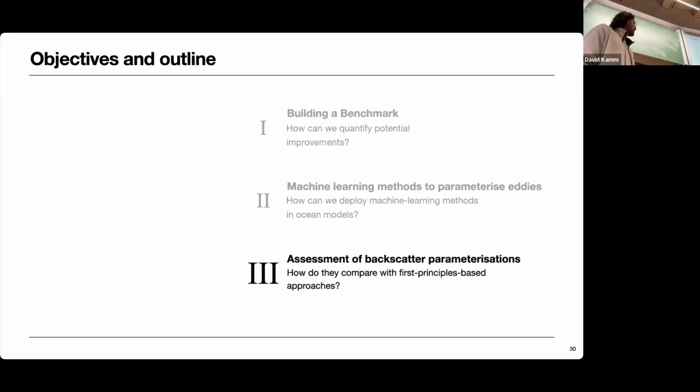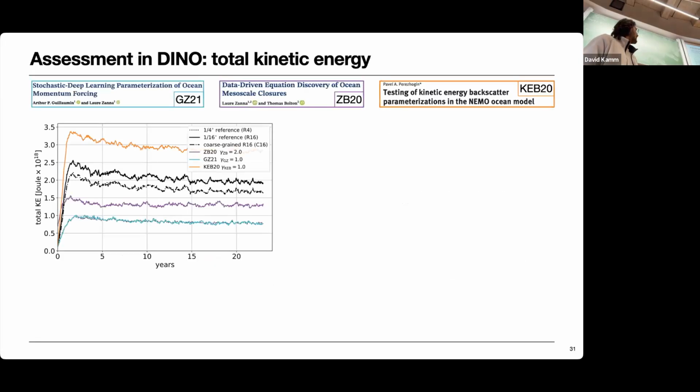And so now let's look at how these parameterizations perform in our benchmark case. Again, these are the colors for the 3 parameterizations: the neural network approach in blue, in purple the equation discovery approach, and the baseline in orange. To remind you, for this metric, our target was to energize the flow comparable to the coarse-grained high-resolution case.